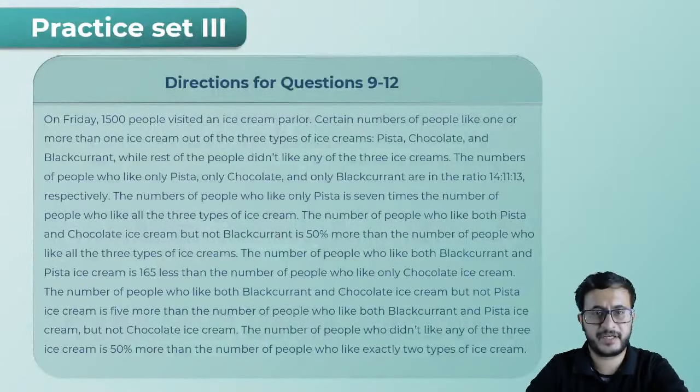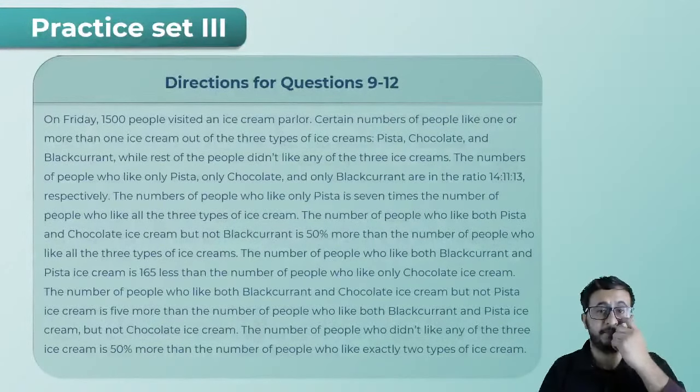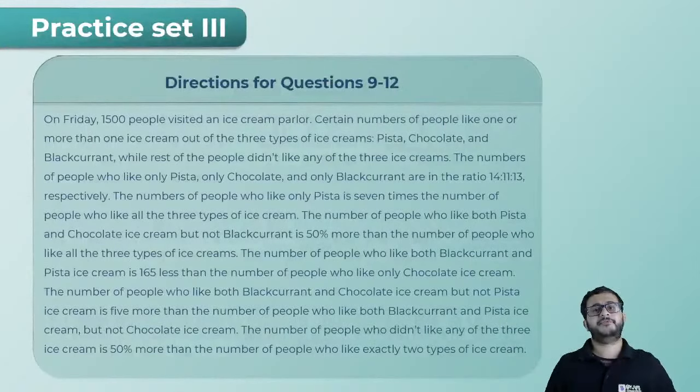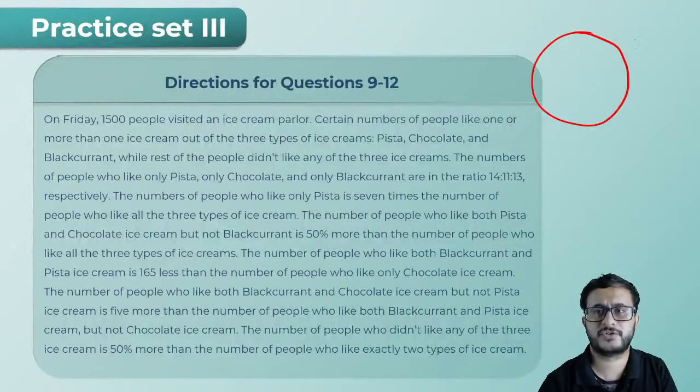It's a 3-set Venn diagram. It says that there are 1500 people who visited an ice cream parlor, and a certain number of people like one or more than one ice cream out of 3 types of ice creams: pista, chocolate and blackcurrant. Okay, and there are some people who didn't like any of the 3 items. So draw a Venn diagram and start solving it based on the conditions.